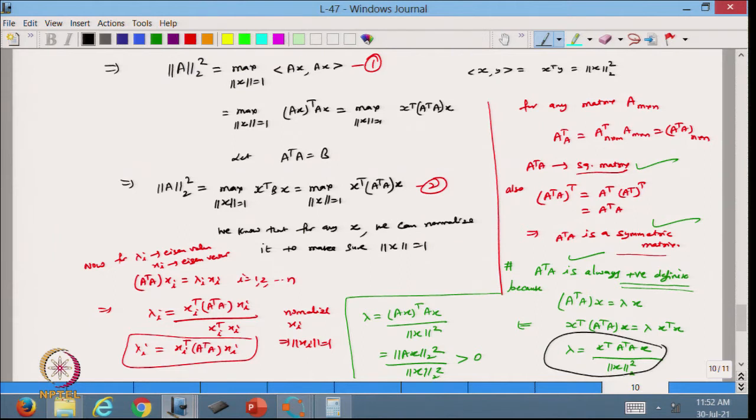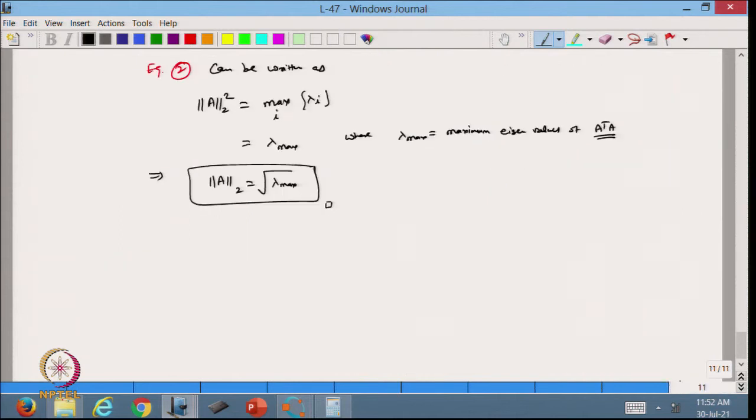Symmetric means all the eigenvalues will be real, and positive definite means all the eigenvalues will be positive. So that's why we are just taking the square root of this one.